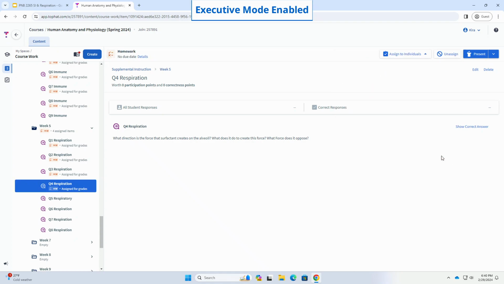Okay. What direction is the force that surfactant creates on the alveoli? What does it do to create this force? What force does it oppose?